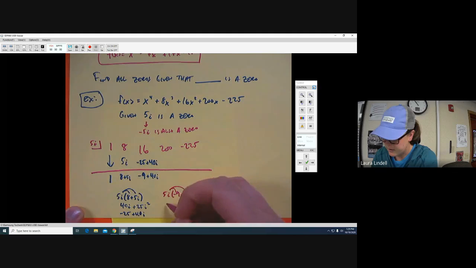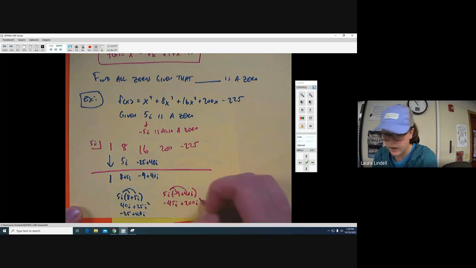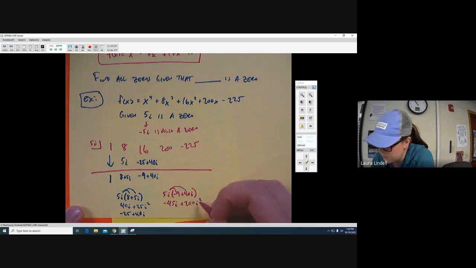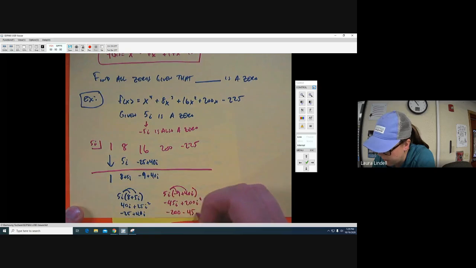So we get negative 45i. And then 5 times 40 is 200, so plus 200i squared. But then remember, i squared is just negative 1. So this is really negative 200 minus 45i.